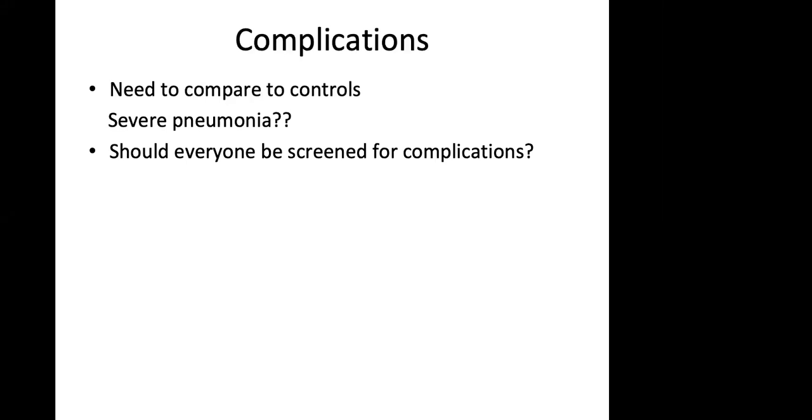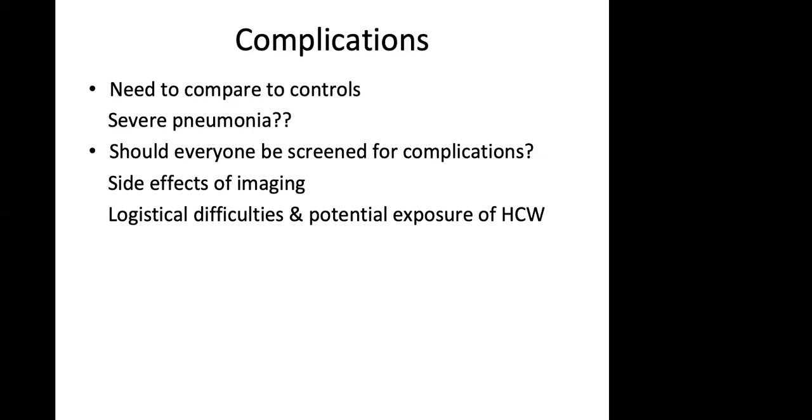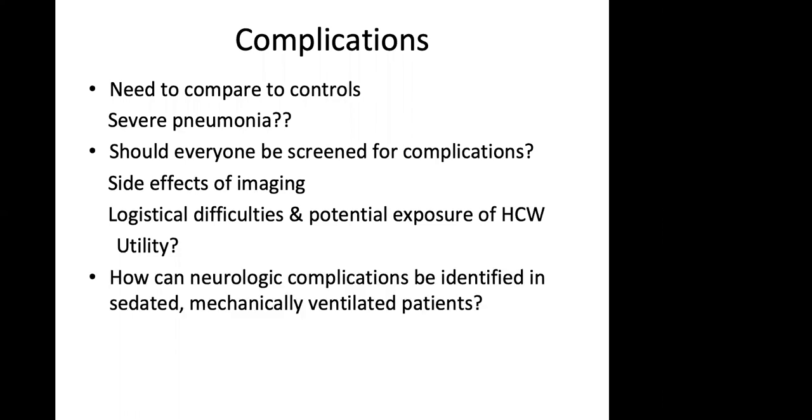Does this mean that we should start screening every patient for PE or DVT, irrespective of symptoms, to avoid progression of the DVT to massive PE, for example, even if you're giving them prophylaxis? There are side effects of imaging if you want to give contrast, like a CTPA. There are logistical difficulties involved with transporting patients to CT, doing a lot of CTs. There's a cost involved, there are radiation problems, and there's a potential exposure of healthcare workers as well. And what is the utility really of discovering tiny minor clots?